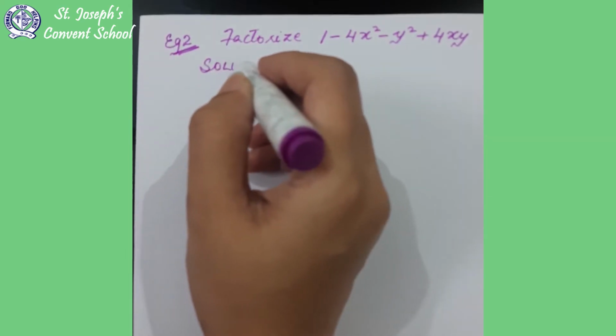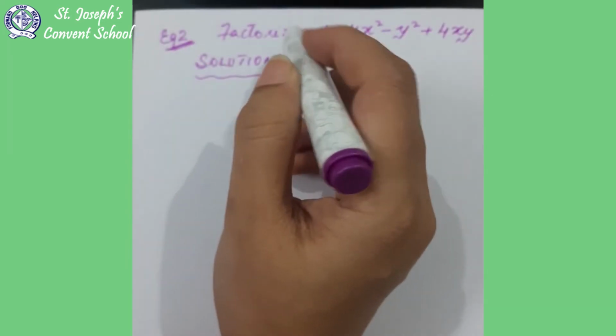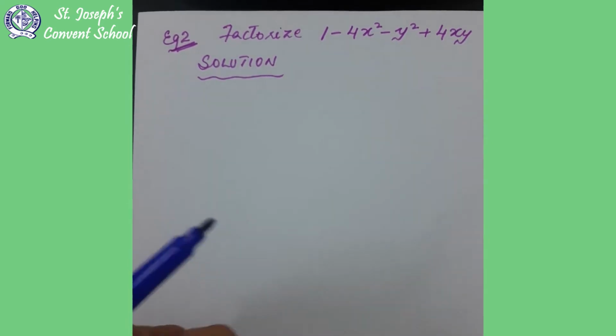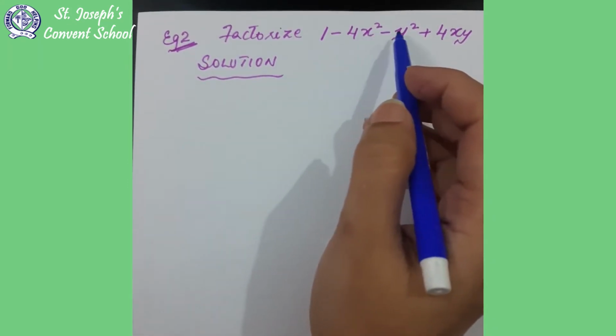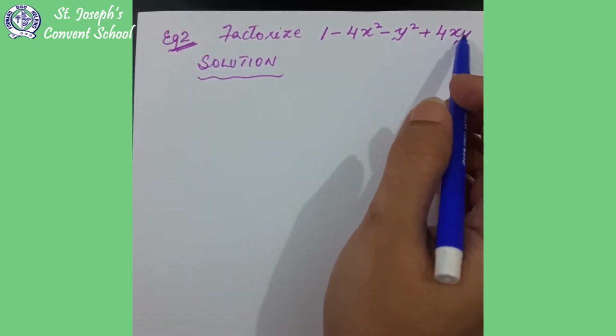Same way, you will arrange the question according to the formula. Find the middle term. The middle term in the question is 4xy. You all can guess the middle term. According to this, the first term will be x and the last term will be y, since x and y are involved in the product term.